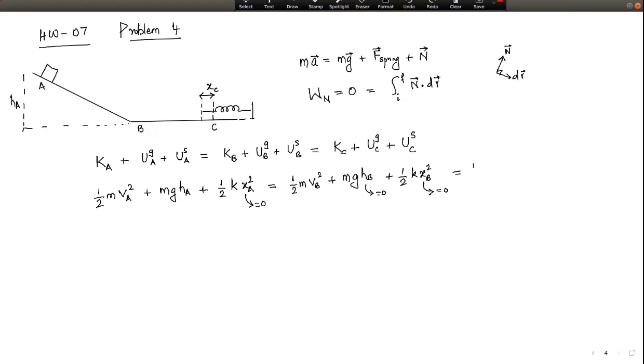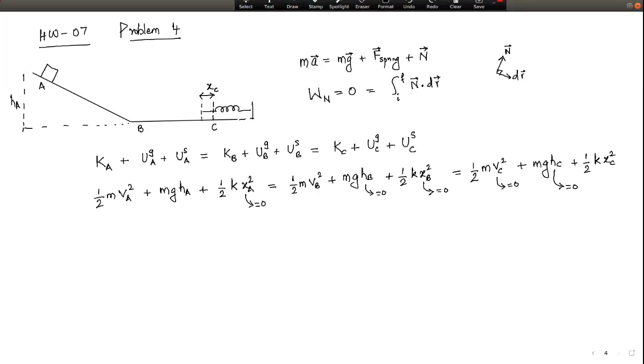At point C, the mass comes to rest, so it is not going to have any velocity at that point, so that's equal to 0, plus potential energy due to gravity at point C, that's mgHc, but we chose our origin to be on the ground or on the horizontal, so that allows this to be equal to 0, plus the potential energy stored in the spring, which now is compressed by an amount xc, and that won't be equal to 0.